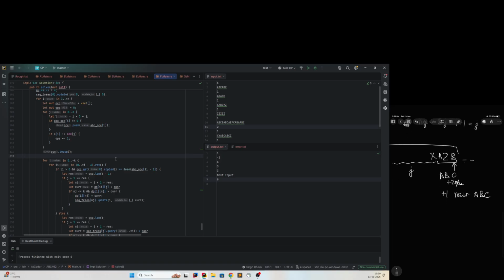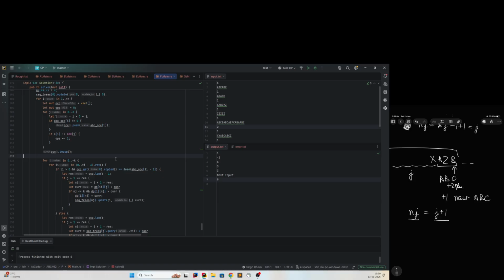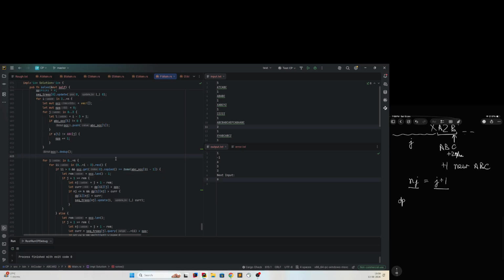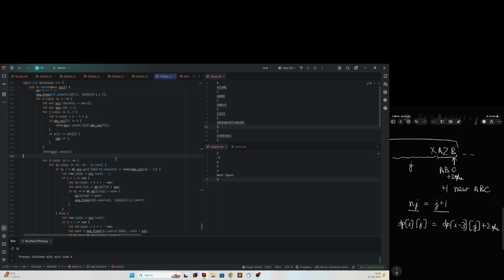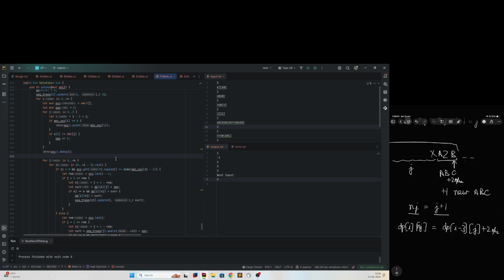So our new j is going to be j + 1 in this case, according to my implementation. So I will update dp[i][j] equal to dp[i-3][j] plus two operations.